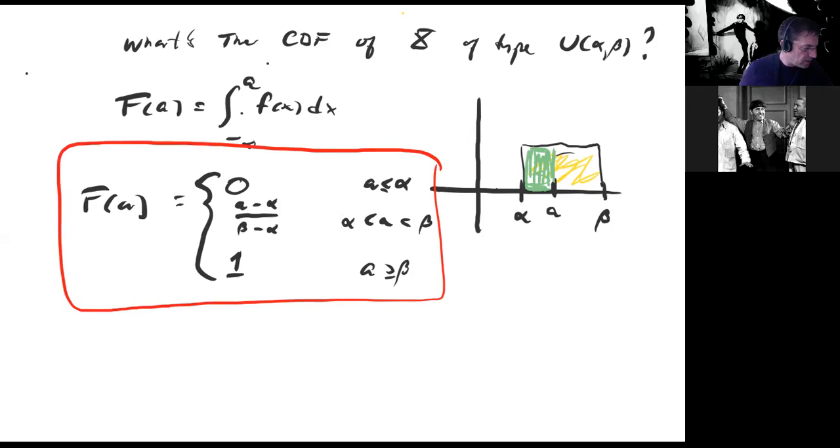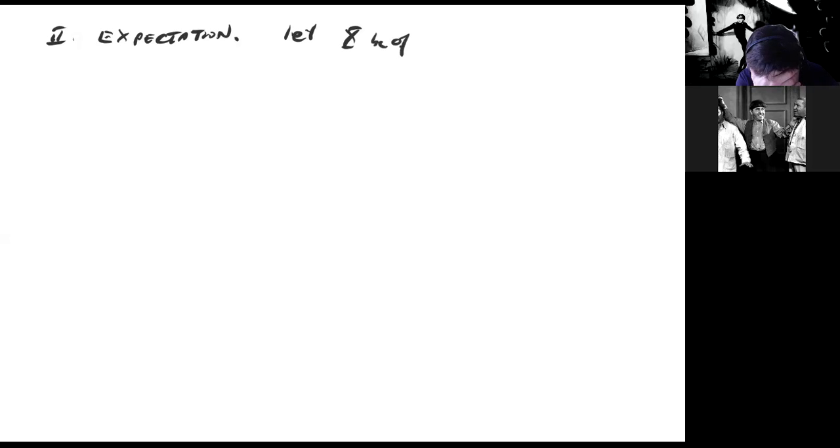Okay, so now what I'd like to do is compute the expectation and the variance of the uniform random variable. And so let me do that. So let's talk about expectation first. So let x be a continuous random variable of type U alpha beta.